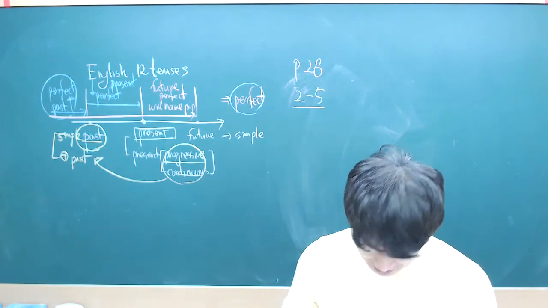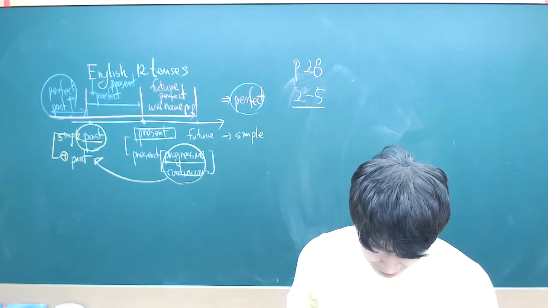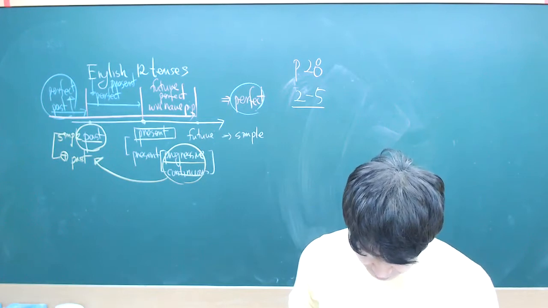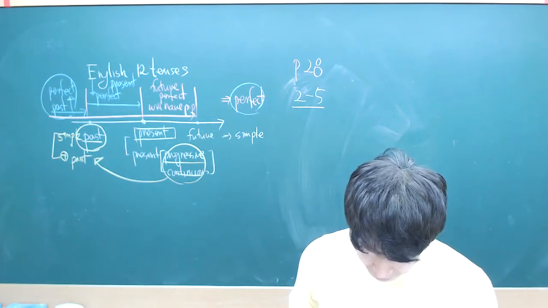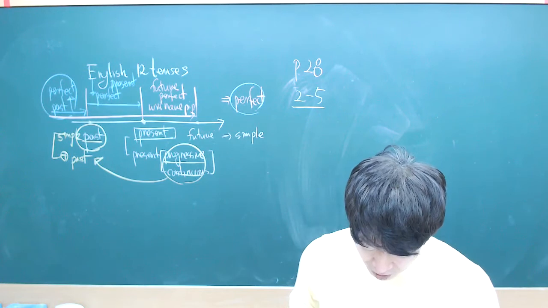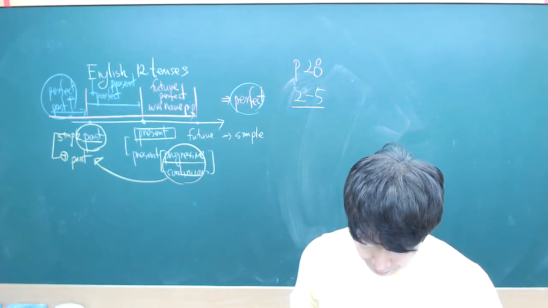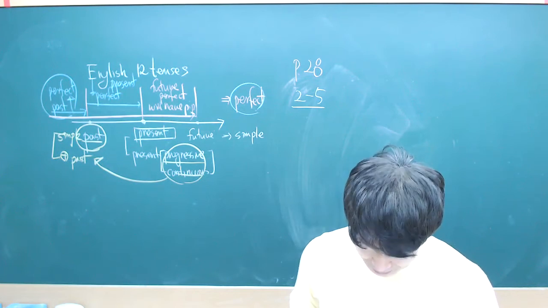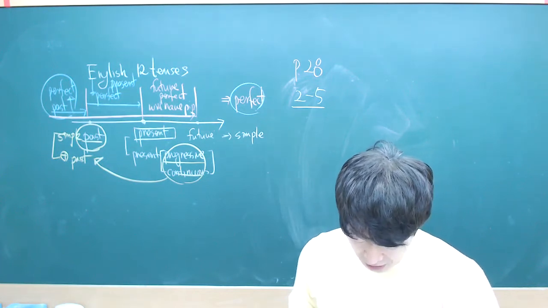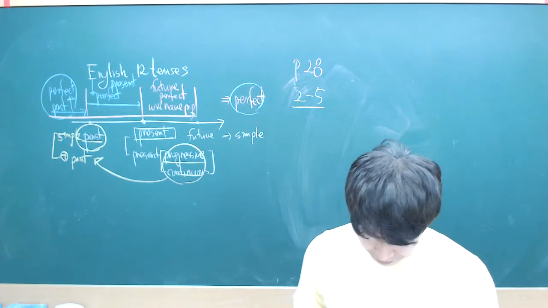Just add D. Second category, two consonants. Help: L, P. L is one consonant, P is another one, so two consonants. Helping, helped, just ing, ed. It's very regular.